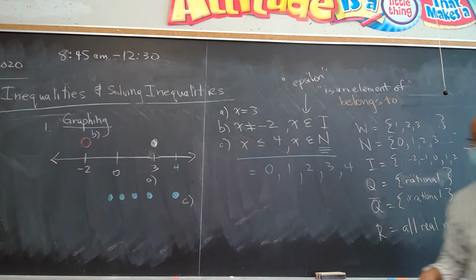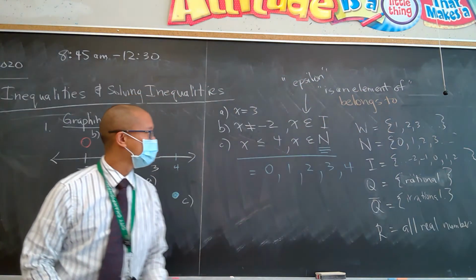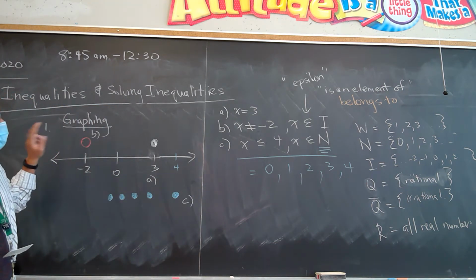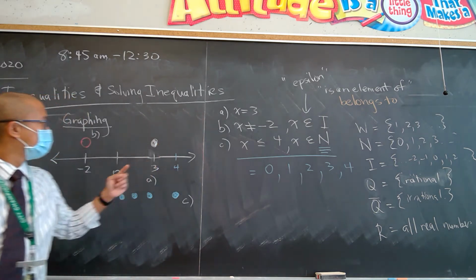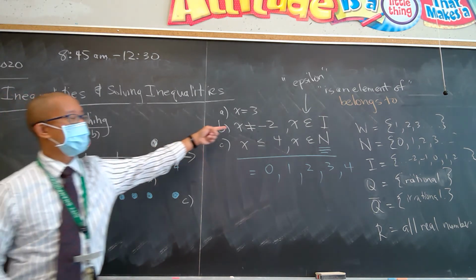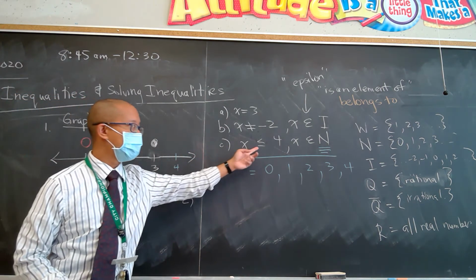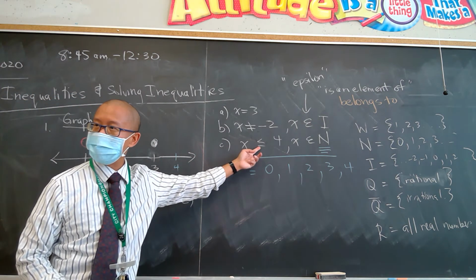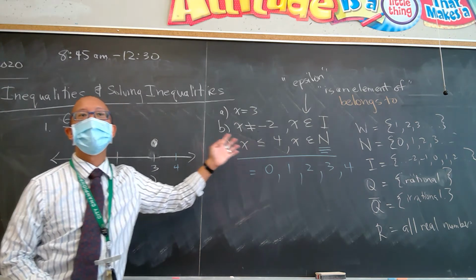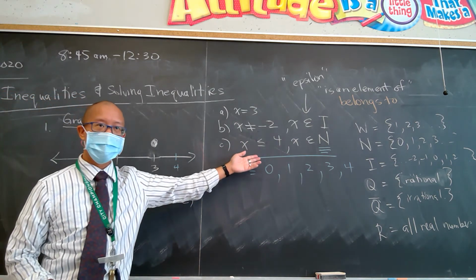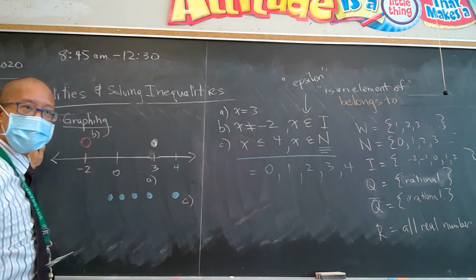But what you're supposed to get out of this portion is that for the equal sign, filled-in circle. For not equal to, open circle. And for question C, less than or equal to, notice not only are you putting in a dot, you're also putting a direction. What direction in this case? Towards the left. Why towards the left?